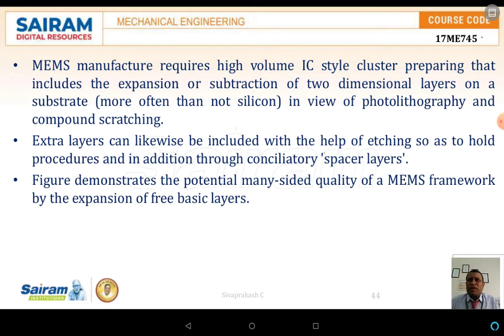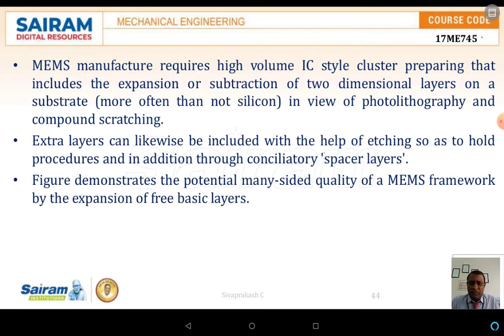Now, MEMS manufacturing requires a high volume of IC style clusters. The processes include either addition or subtraction, two-dimensional layers or three-dimensional layers, photolithography, or etching.